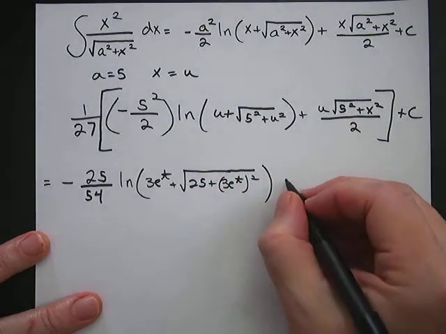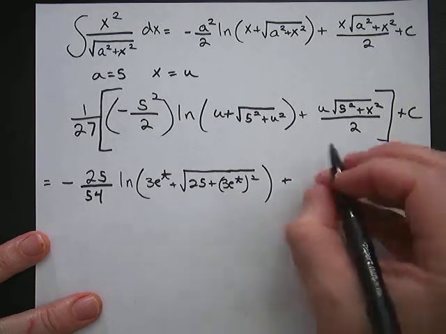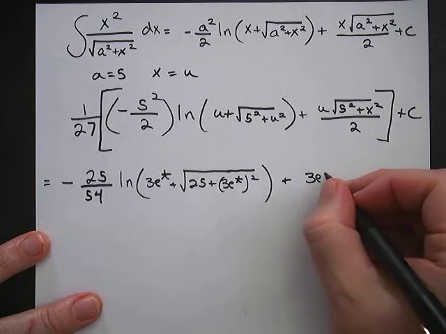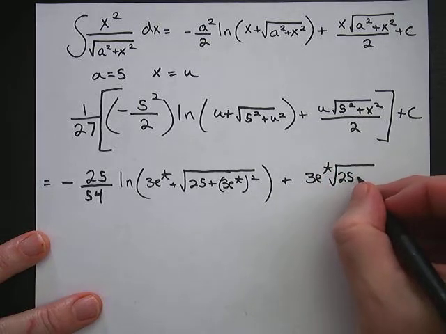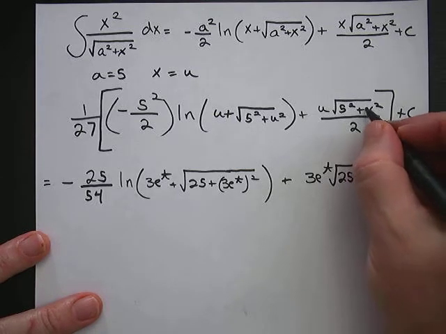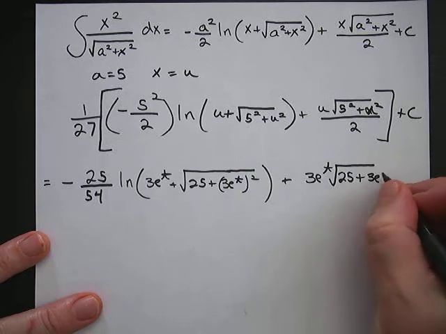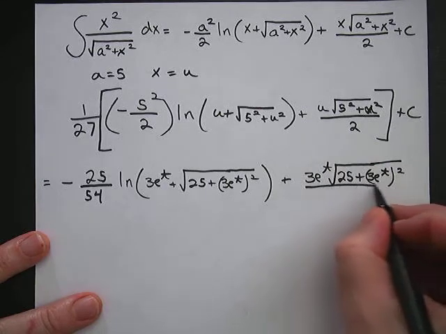So distributed here, now we're going to distribute here. So plus, the u becomes 3e to the t square root of 25 plus, I wrote an x here, didn't I? I meant to write a u up here, plus 3e to the t squared divided by 2.